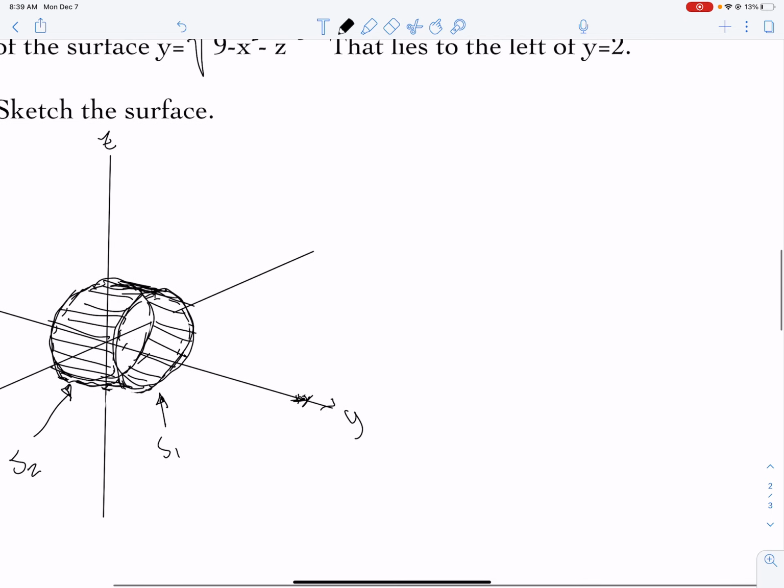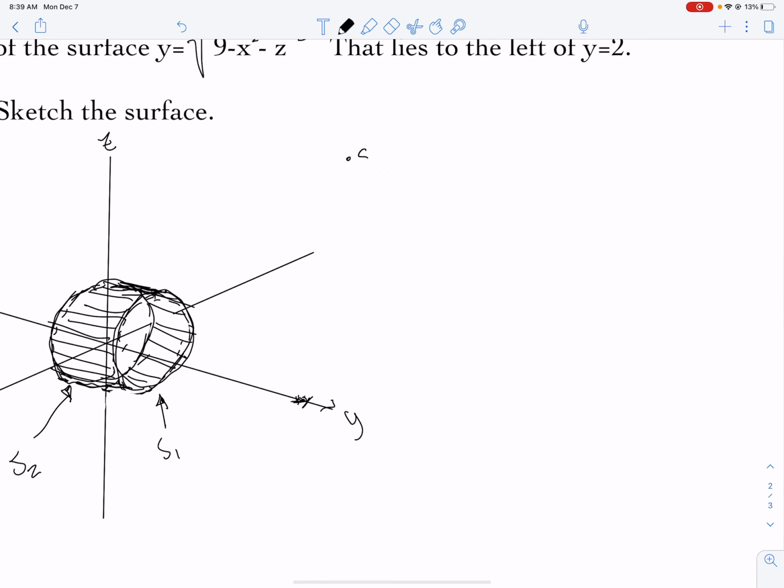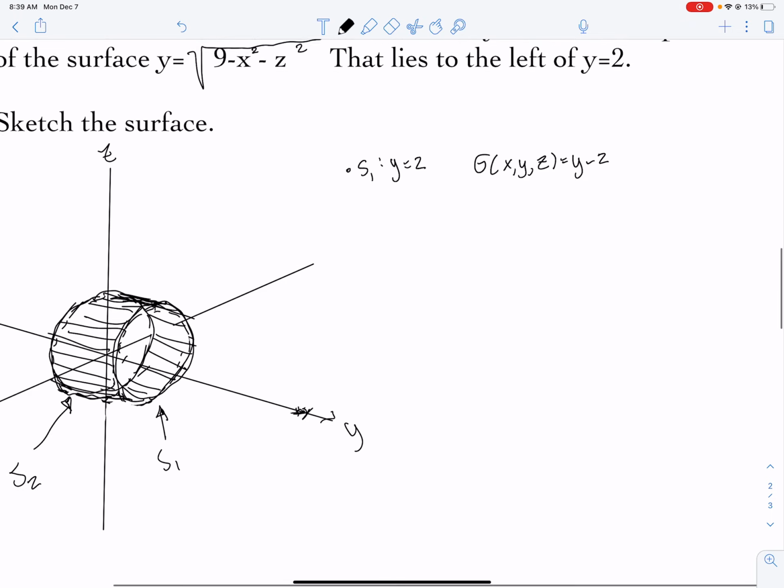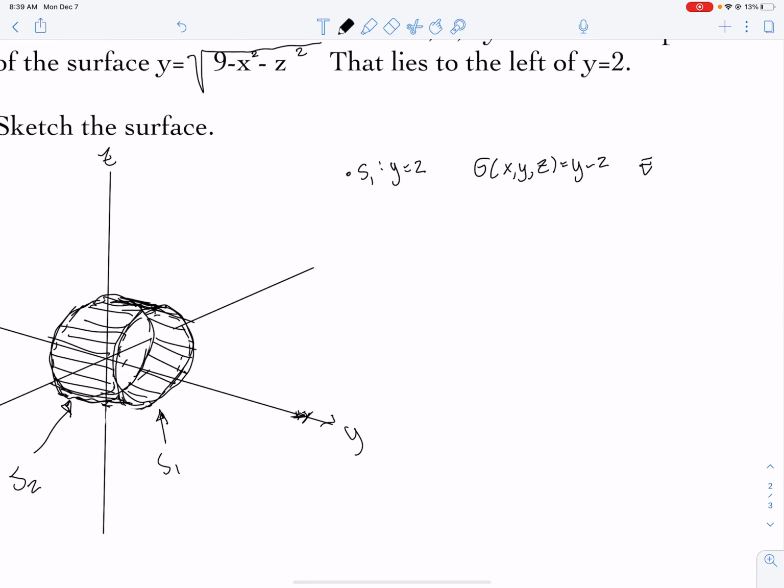So we're going to start with our first surface, which is y equals 2. In this case, our g function would be y minus 2, setting everything onto one side. Our del g then would be 0, 1, 0.